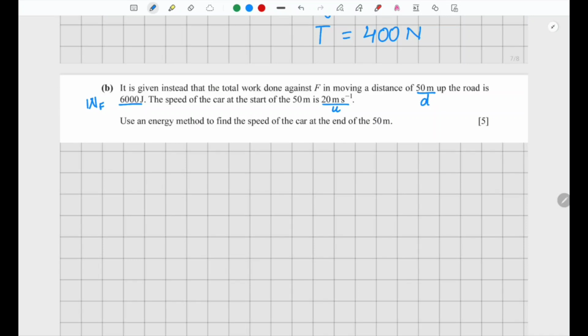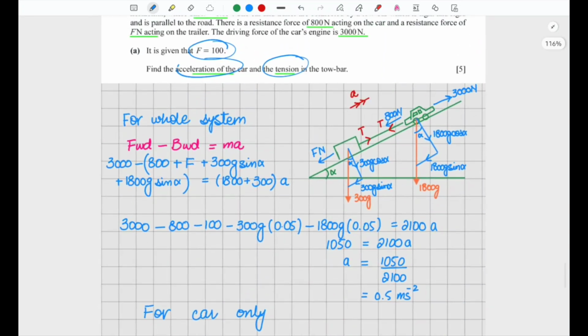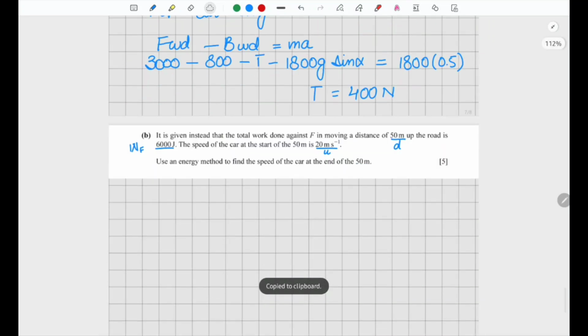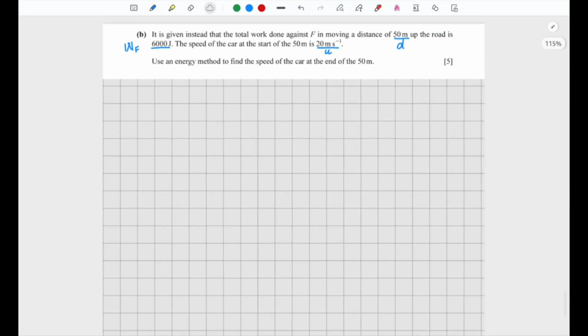We need to use the energy method to find the speed of the car at the end of the 50 meters. So yes, we will be applying the energy method, but before that it is important to take this diagram with us below, so as to do some of the workings over it.